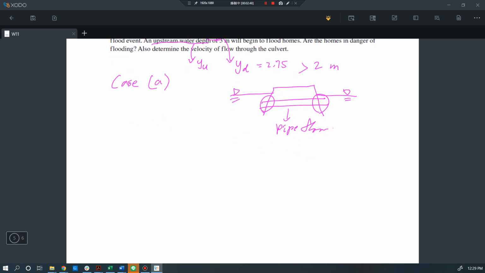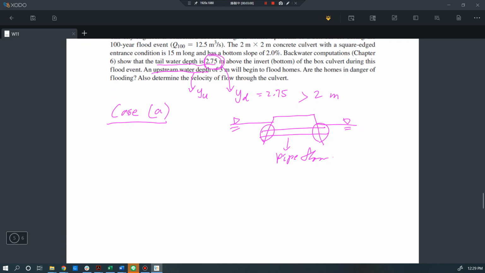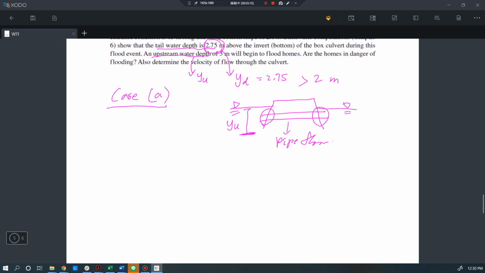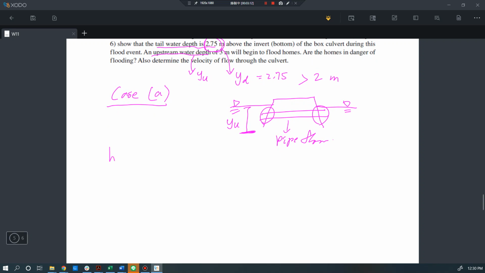If we know this problem is in case A, then we can use the following equation to calculate the height of this upstream area. To do that, we will write down the equations to solve the head losses, because we want to use the energy balance equation to solve this height. Let me write down the energy equation first.